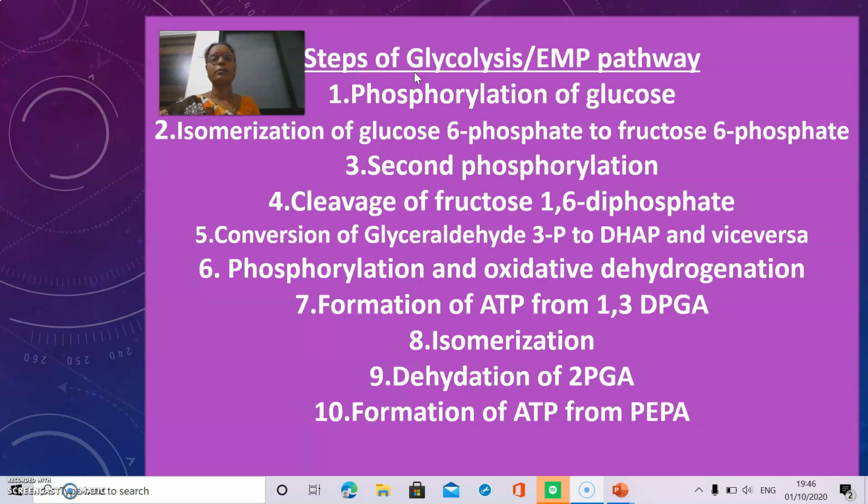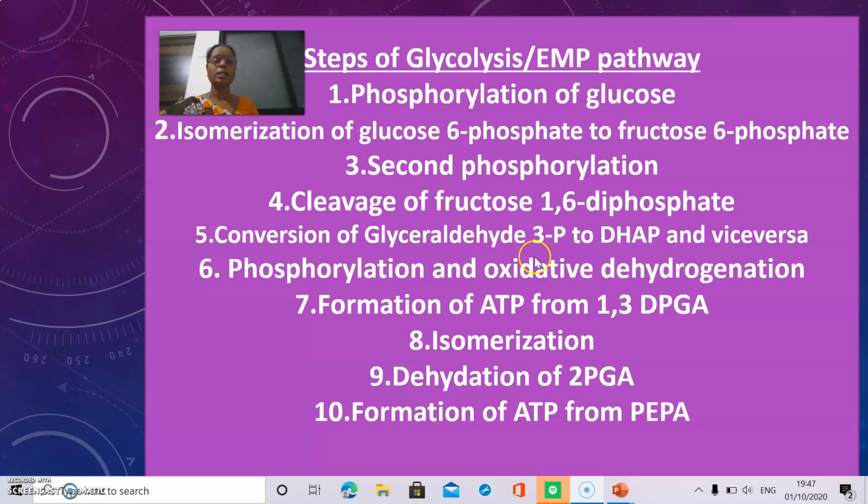the Krebs cycle. There are various steps. Number 1, phosphorylation of glucose. Number 2, isomerization of glucose 6-phosphate to fructose 6-phosphate. Third, second phosphorylation. Fourth, cleavage of fructose 1,6-diphosphate. This fructose 1,6-diphosphate is also called fructose 1,6-bisphosphate.